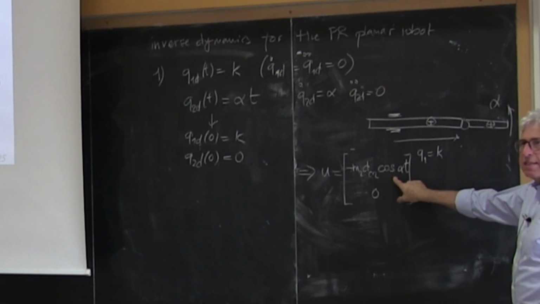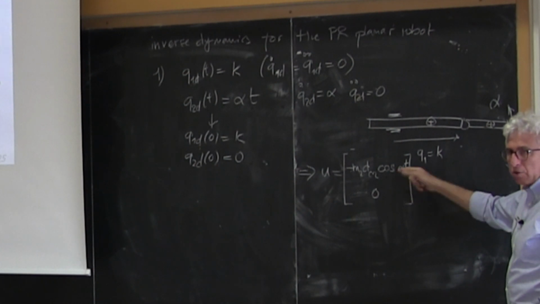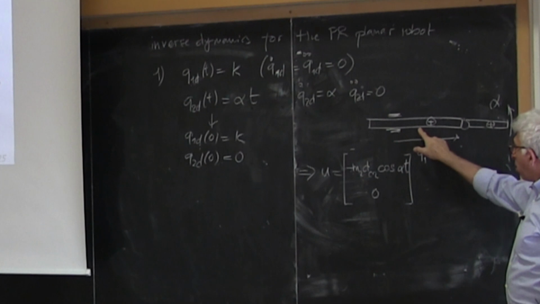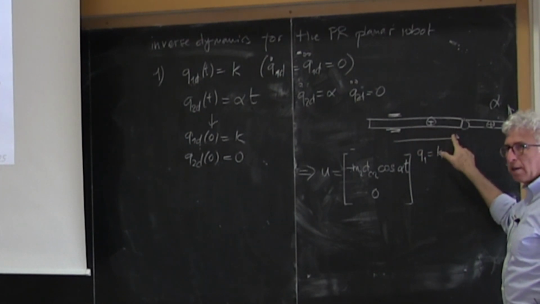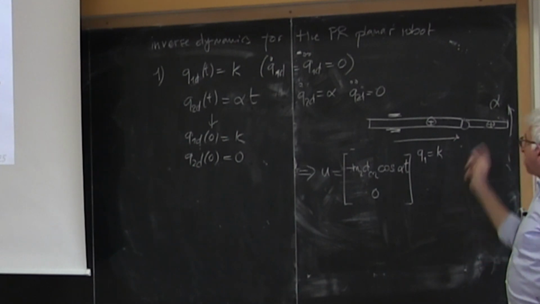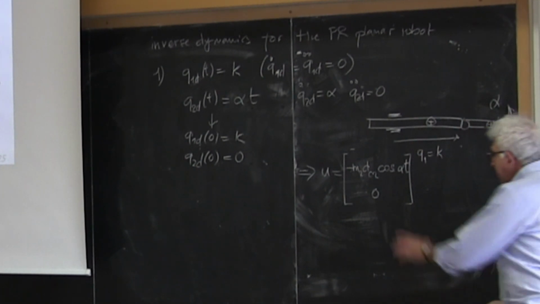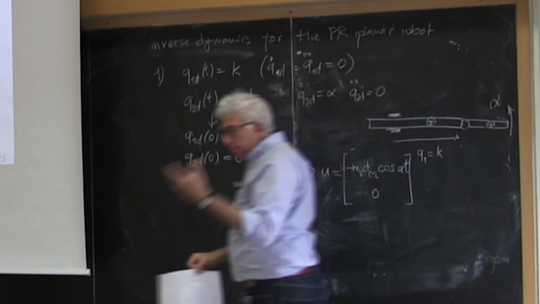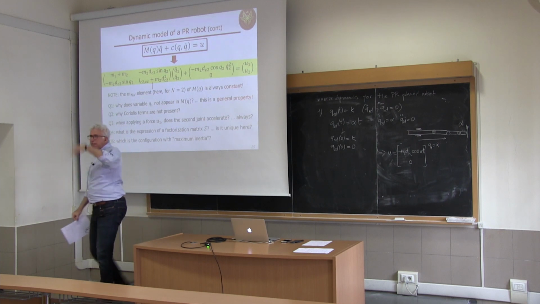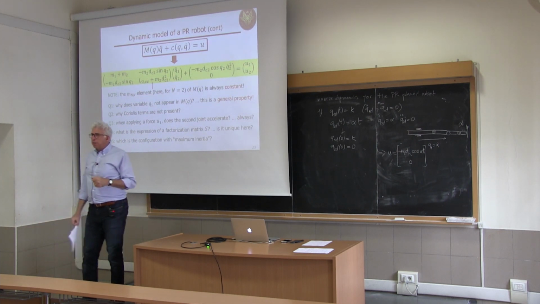But the nice thing is this second torque. This is a sinusoidal torque, or cosinusoidal, it's the same, that needs to be applied on link 1 in order not to move link 1 because of the effect of the rotation of link 2. So this is exactly the torque that needs to be applied by the motor at link 1 so that we can see this link rotating without the prismatic joint being moved.